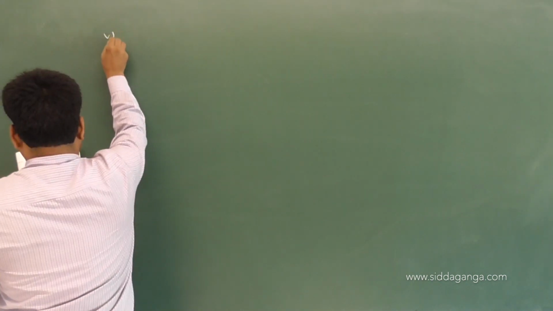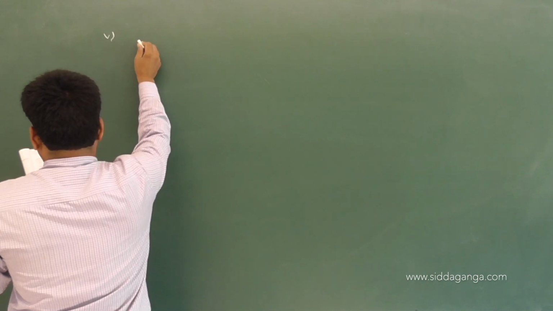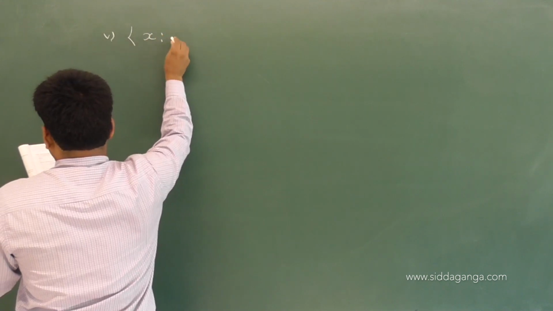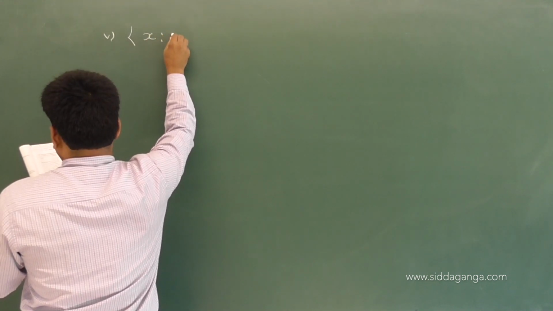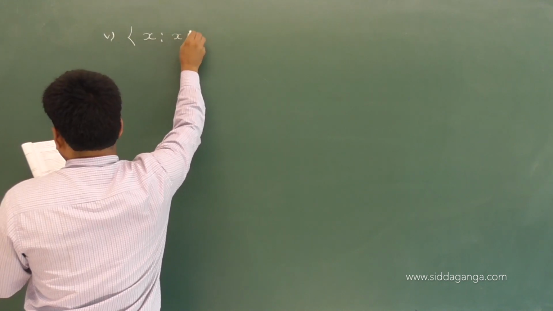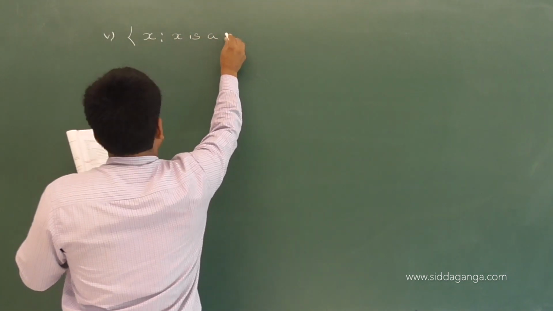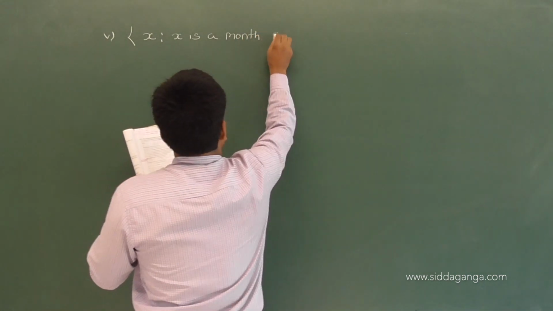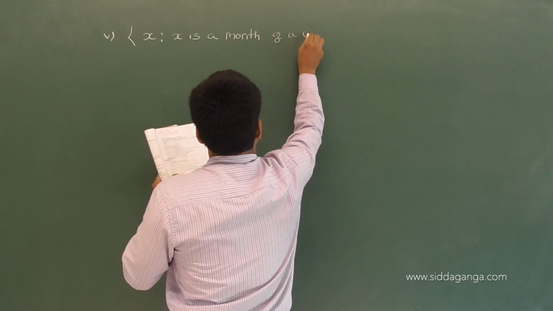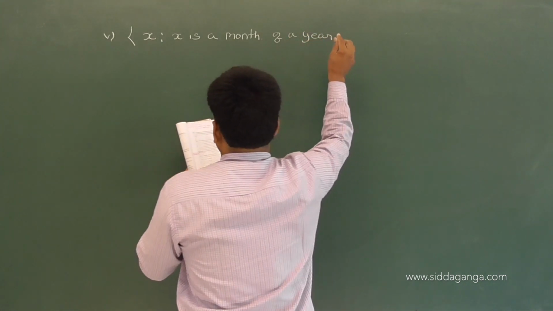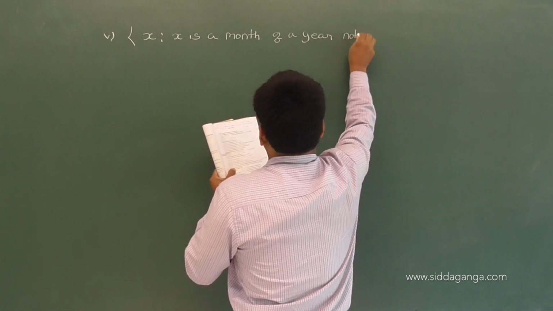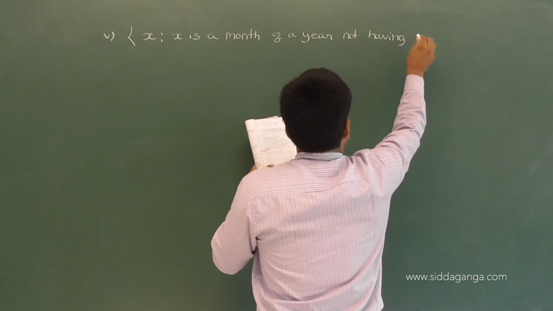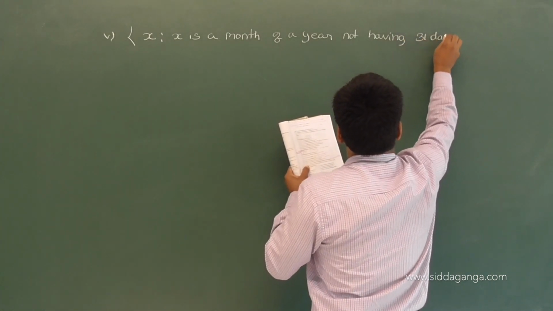Next, fifth question. X such that x is a month of a year not having 31 days.